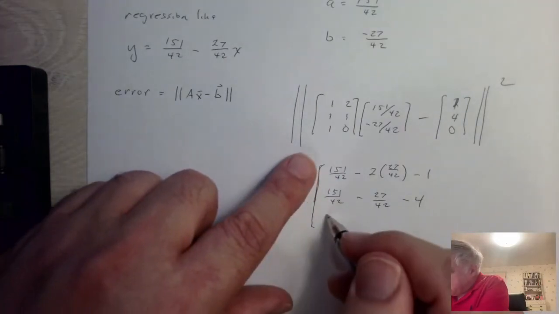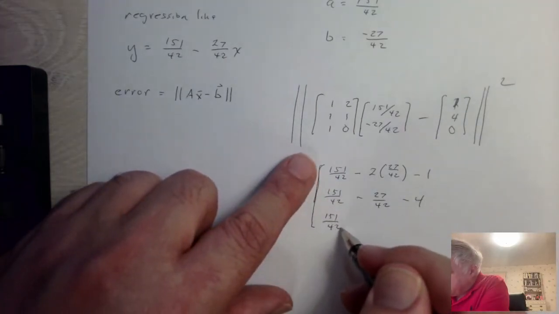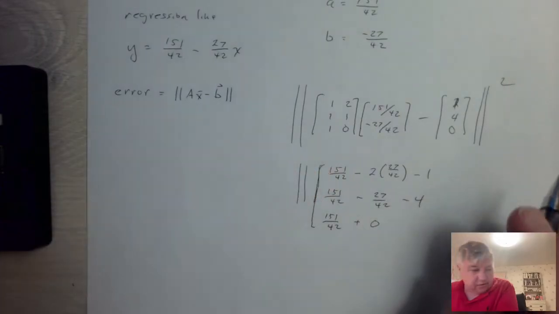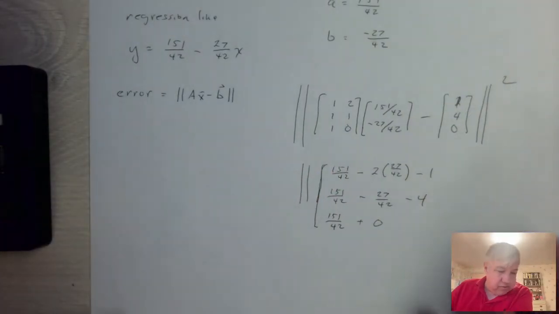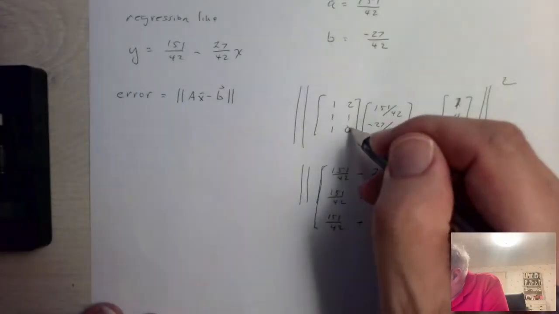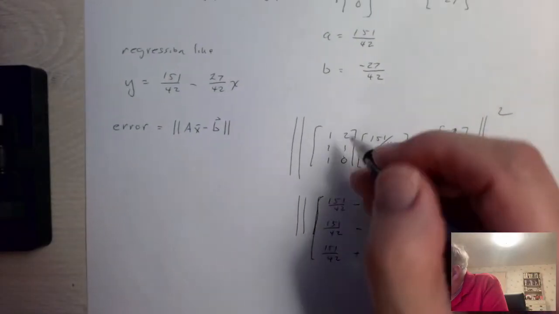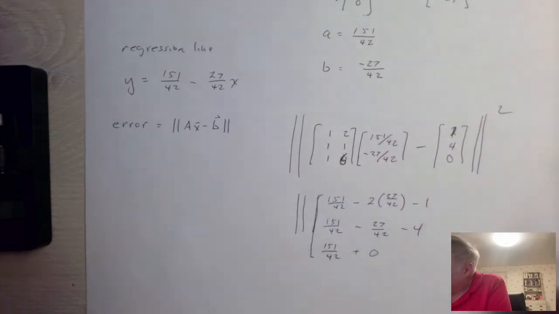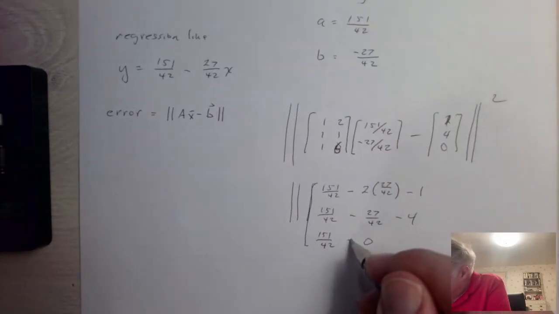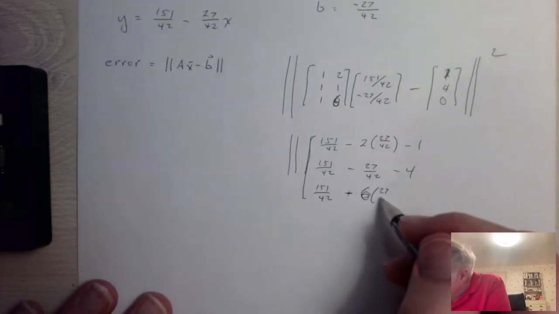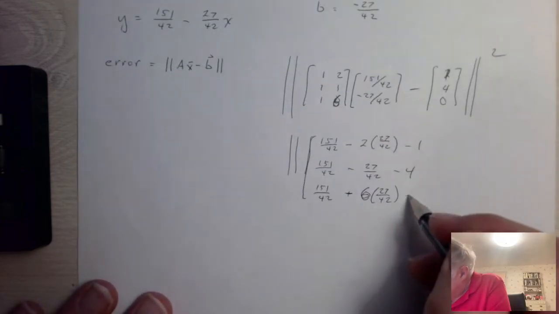And then finally this is 151 over 42 minus... Oops, I'm sorry. What did I do wrong here? This should be a 6. Yes, 6. So this is going to be minus 6 times 27 over 42 minus 0.